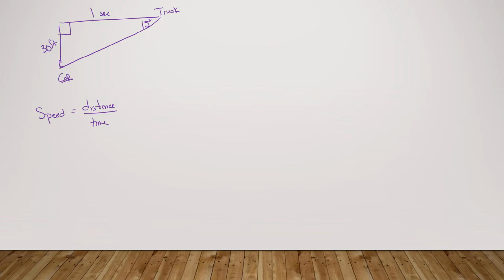So here's what I know. From where the officer actually saw the truck, which was right here, to where the truck is actually now at this particular point, I know that's 1 second. And there's my time. I know my time is 1 second.